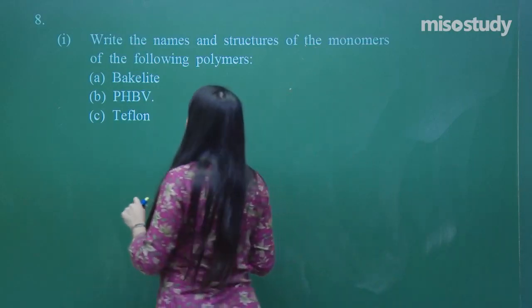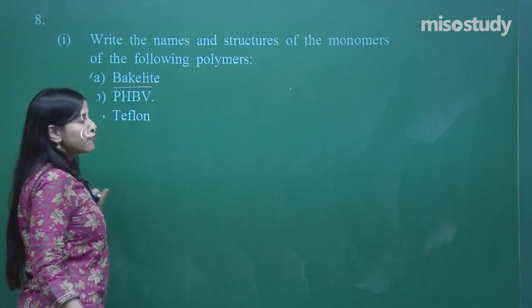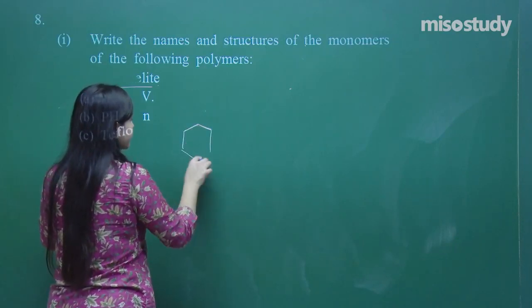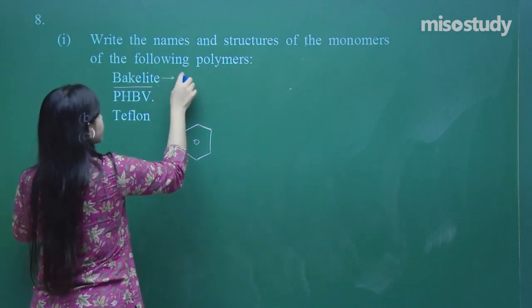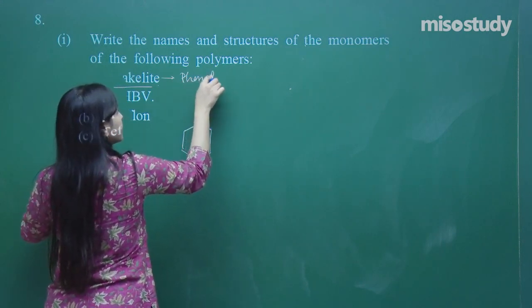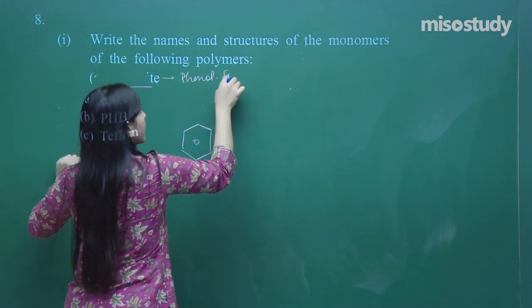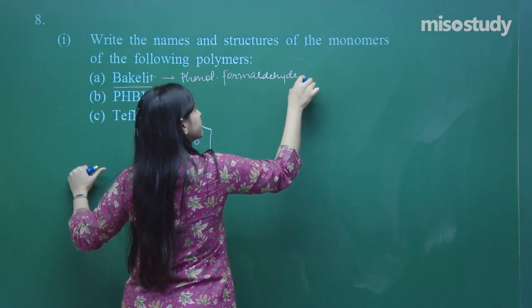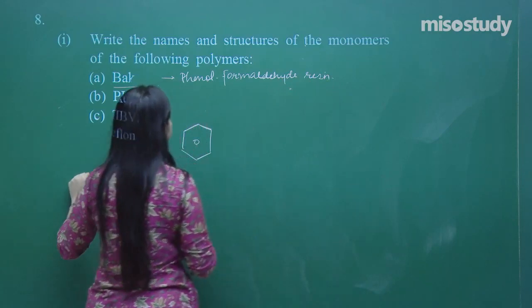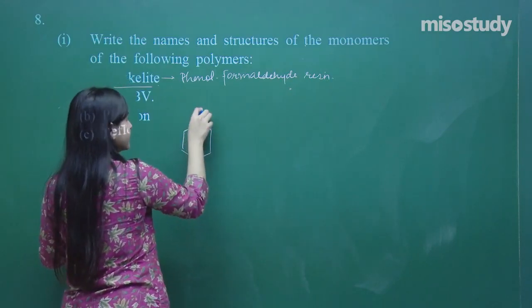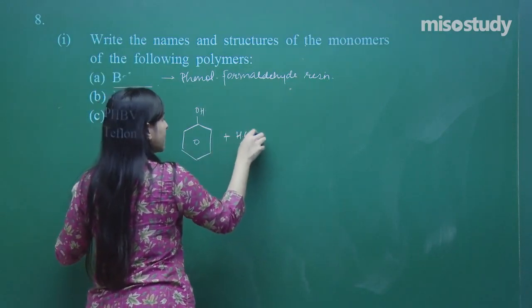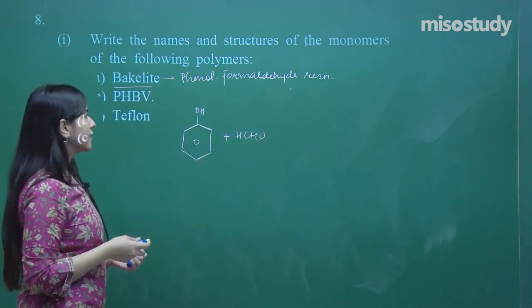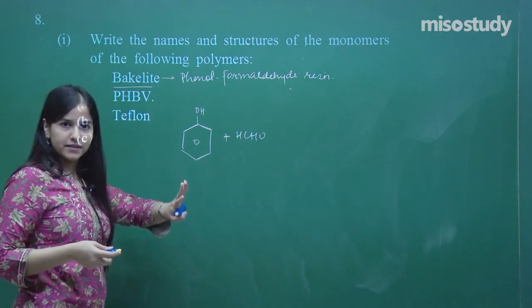Bakelite is a phenol formaldehyde resin, just like the Novolac. So it's basically phenol and formaldehyde. That is it. We just need the monomers basically.